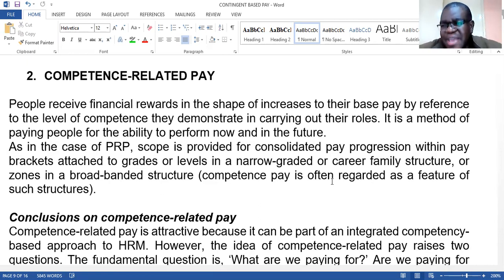That is why you may recruit two employees, but at different salaries, because you recognize one to be of a higher competence level than the other.